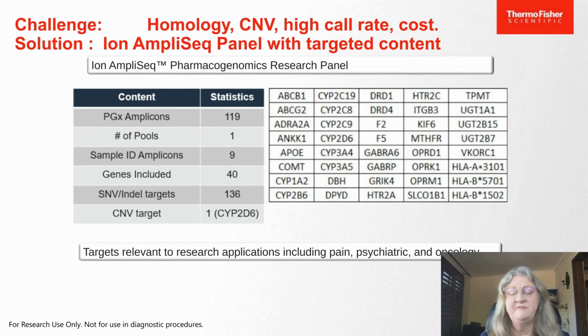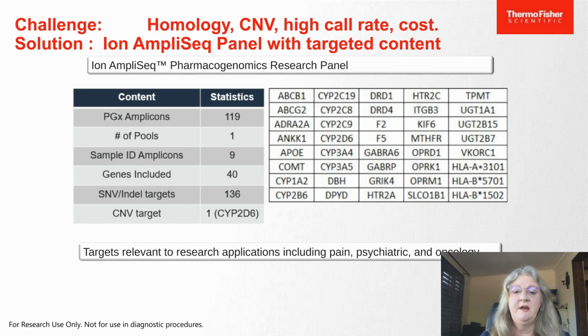And so this was the primary challenge that we faced. We also wanted to develop a panel for the detection of copy number variation. We wanted to ensure that we had a high call rate, high sensitivity, high specificity, and we could develop a panel with acceptable cost. And our solution was to develop an Ion AmpliSeq panel containing targeted content.